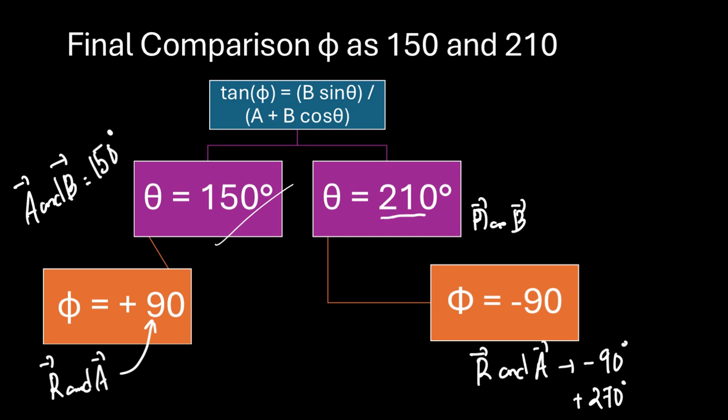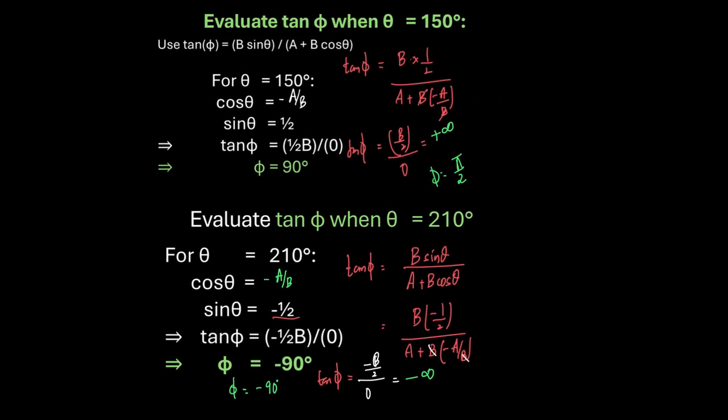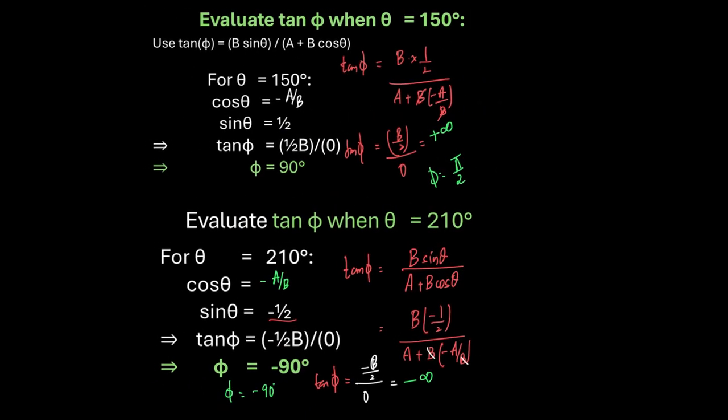And we discussed in detail the geometric and the scalar approach for validating these two angles. Okay. So yes, that's it. And the most important point here is to understand these two calculations, when theta is equal to 150 and theta is equal to 210. So yes, please make a note of these two.